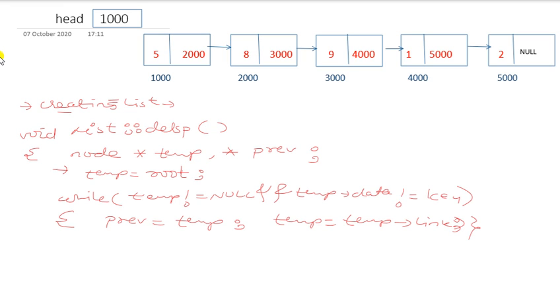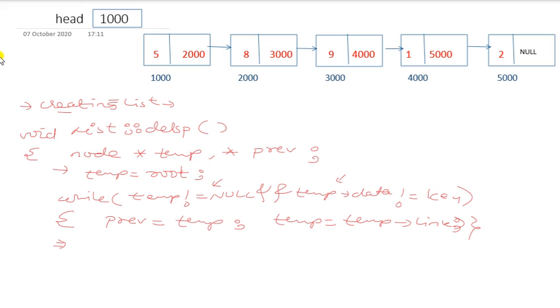Now there are two chances of coming here. You are coming at this point due to failure of this or due to failure of this. If due to this failure, null not equal to null is false. If temp has reached null, it means you have not found the specified node. The specified node is not there in the list.